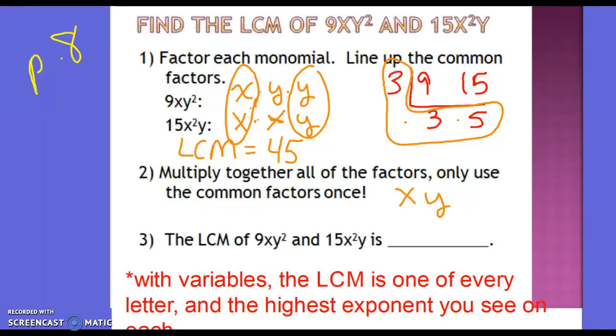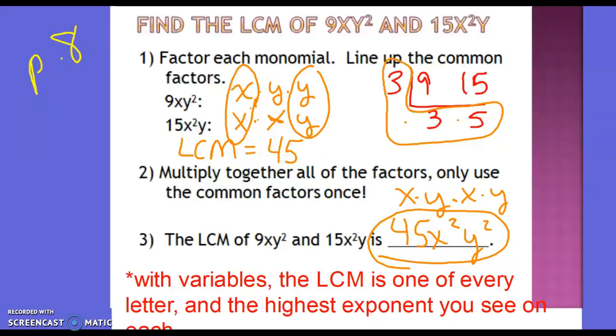And then you write down every other thing that you see there that's not circled. I have another x and y that's not circled. So I have x times y times x times y, and my shortcut way of writing that is x squared y squared, because I have two x's and two y's. And again, numbers we figured out was 45. So the least common multiple is 45 x squared y squared.